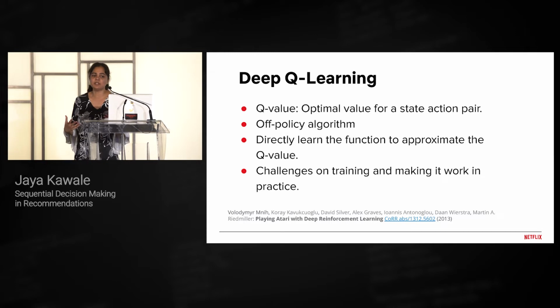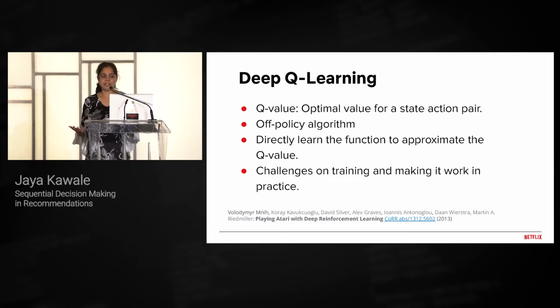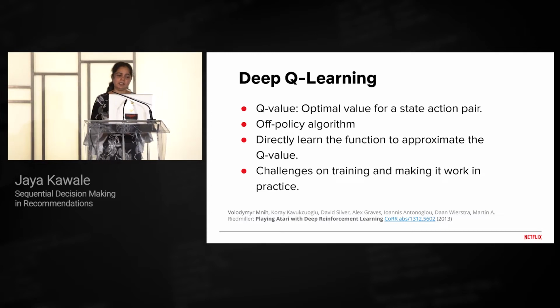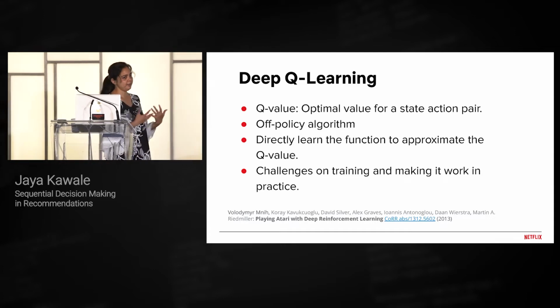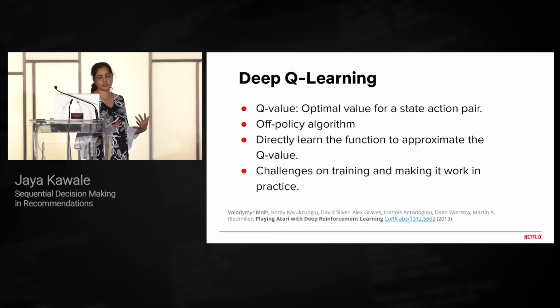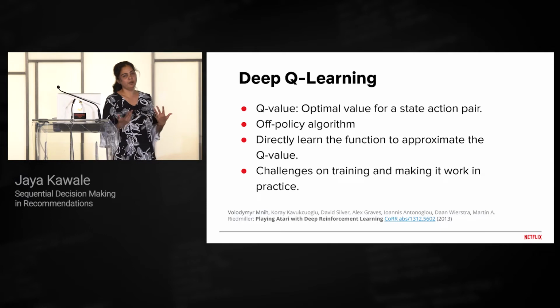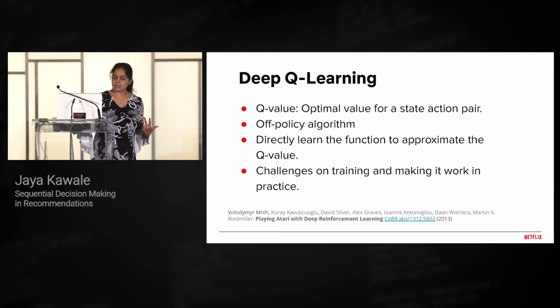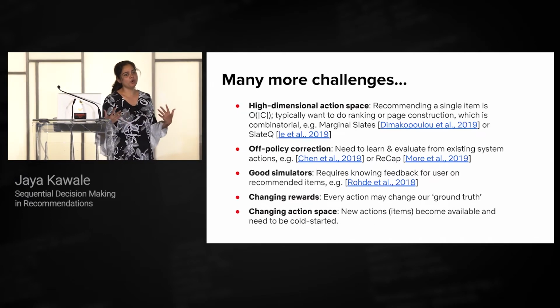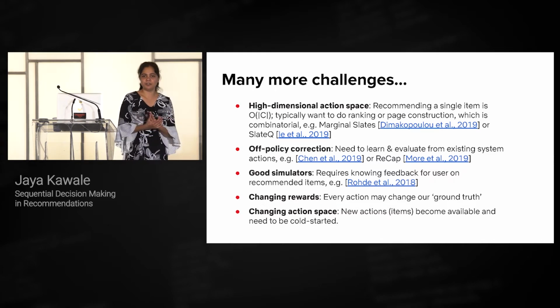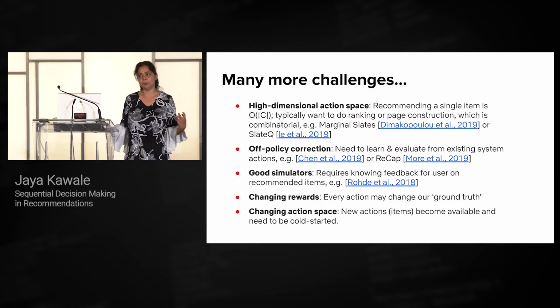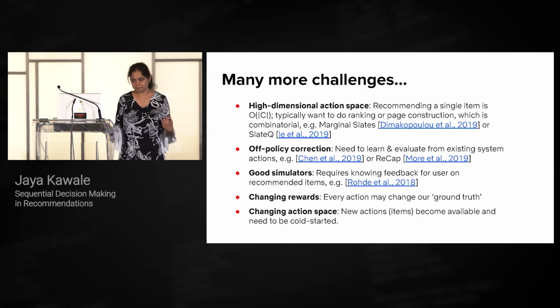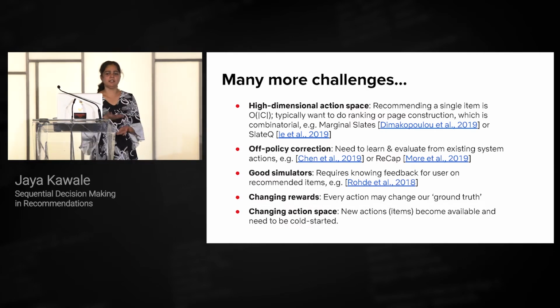The Q value tells what is the optimal value for a state action pair. And this is also an open problem, and there are several challenges on how we should make it work in practice. Not just this, there are many more challenges that come along with reinforcement learning approaches and our grand goal of trying to optimize for user satisfaction. For example, the space itself could be high dimensional.